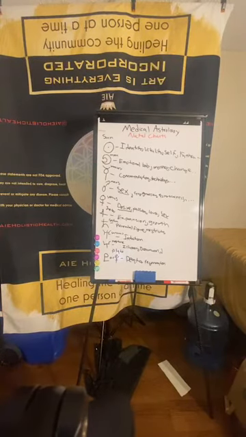A lot of people say Saturn is bad, but it just depends on how you look at it, right? If you're walking in integrity and doing your calling, right? If you're working a 9 to 5 and you're not doing your calling and you're not a good person, Saturn can bite you in the ass.